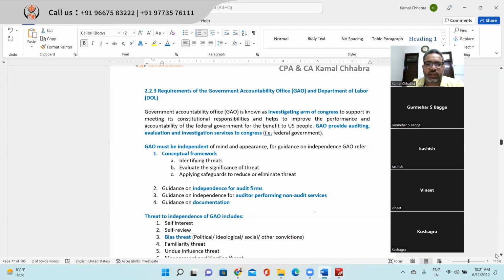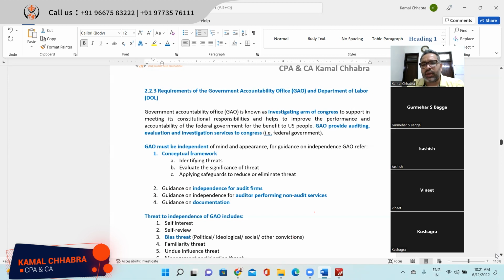As per the definition, the Government Accountability Office is known as the investigating arm of the Congress, which is like Parliament, to support in meeting constitutional responsibility and help improve the performance and accountability of the federal government for the benefit of the US people.